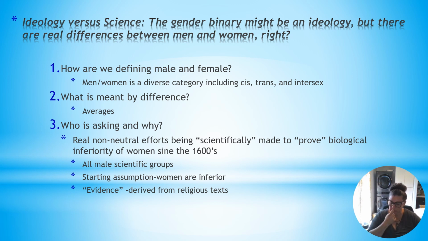So, in terms of this particular research, we need to start with defining male and female. Conceptualization of concepts like what we mean by a difference and what we mean by male and female are extremely important.